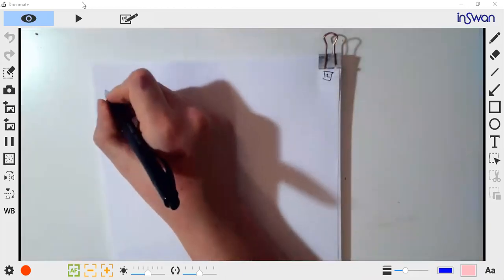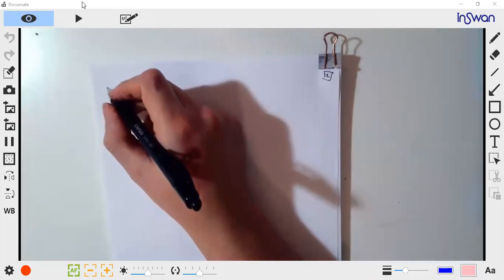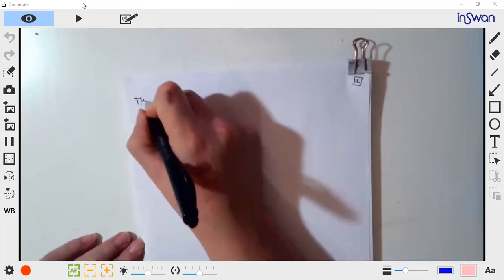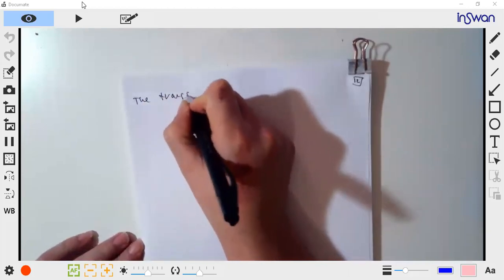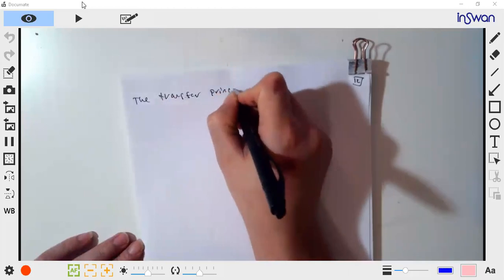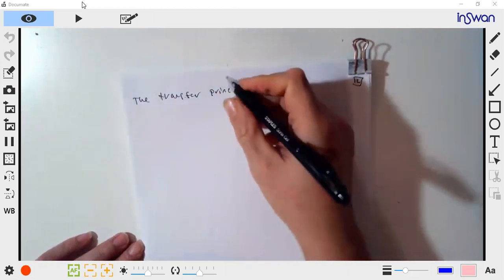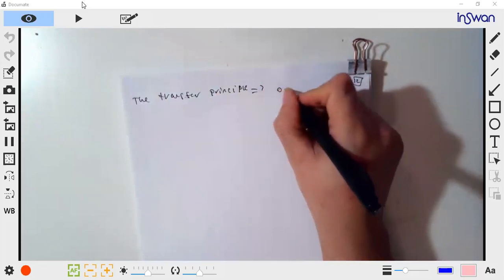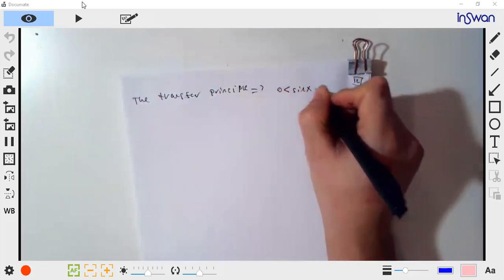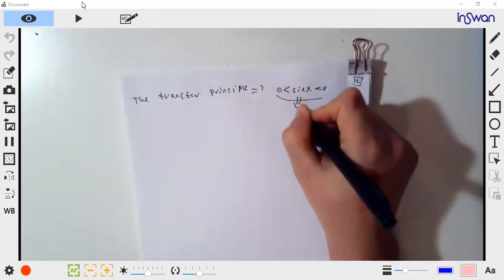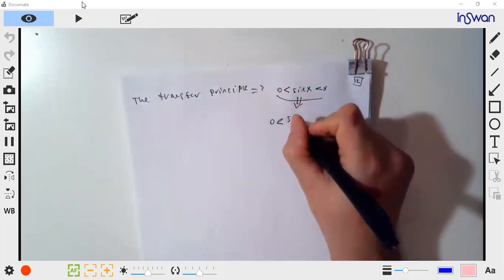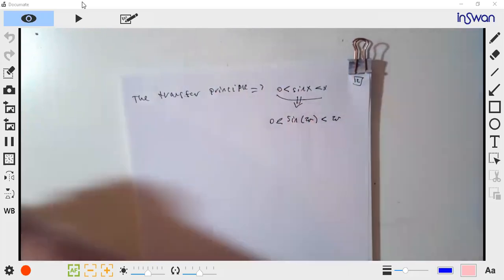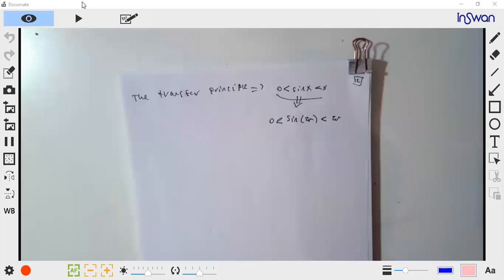Let's not forget the transfer principle. It implies that this is true, that the same is true if we were to plug in a hyperreal number in for x.